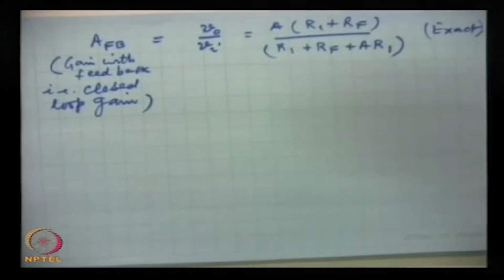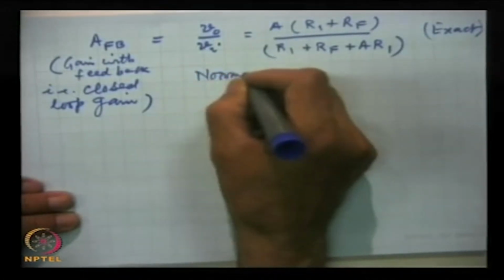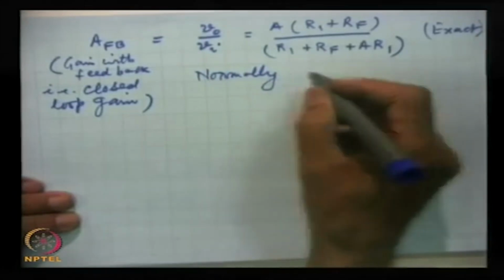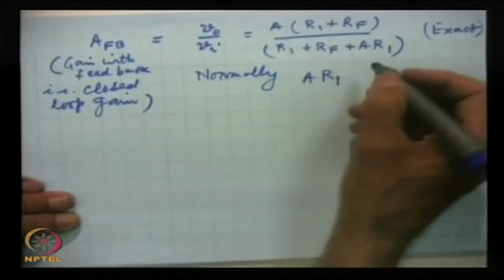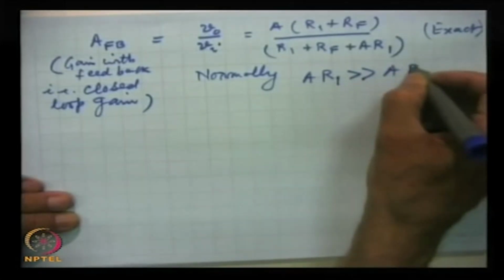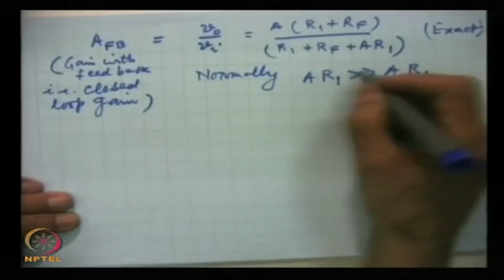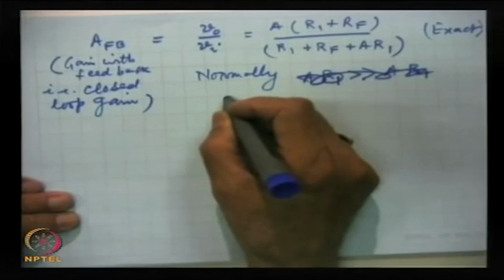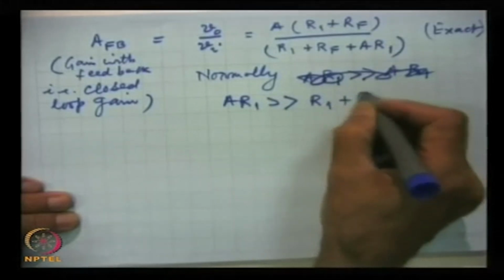But when we see the practical situation, it gets drastically simplified. And the situation is that normally, and normally means most of the time, AR1 is very large as compared to R1 plus Rf.